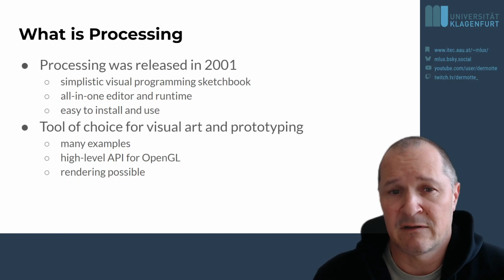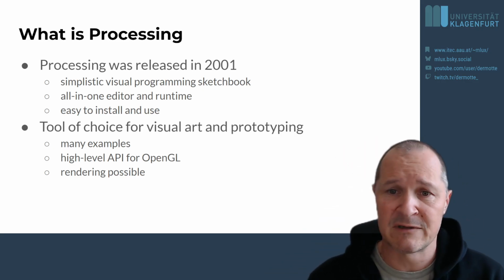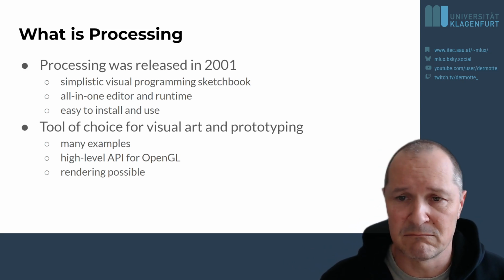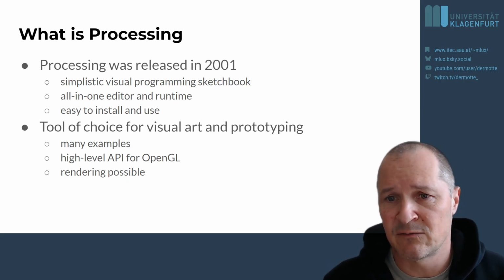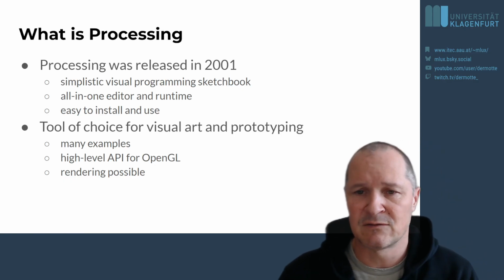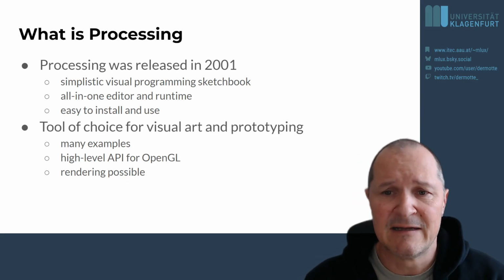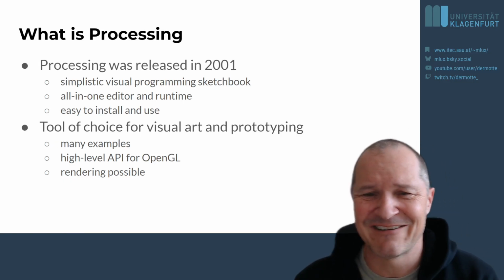So there's also a high-level API for OpenGL, so real-time rendering is possible. It's quite easy to install and use compared to Java or what Java was at that time, and it's an all-in-one editor and runtime, which has its pros, so you don't download anything else, but it also has its cons, like, well, yes, the editor is not the best, especially not for Java.